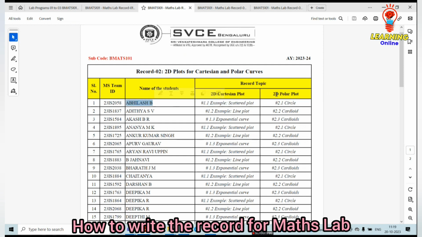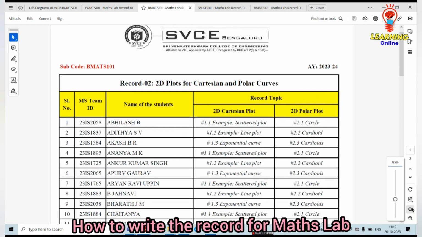Then 2D, that is with respect to the Cartesian plot, 1.1, and with respect to the polar plot, 2.1. Whatever is allocated to you, only that you have to write along with the aim, software used, theory, code, output, then result. Follow the same thing.